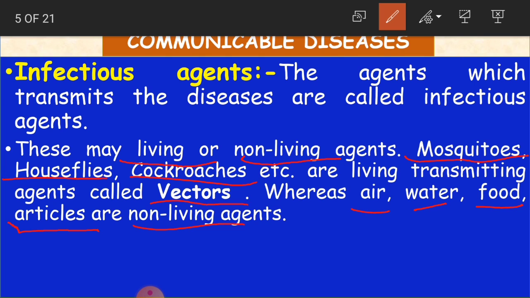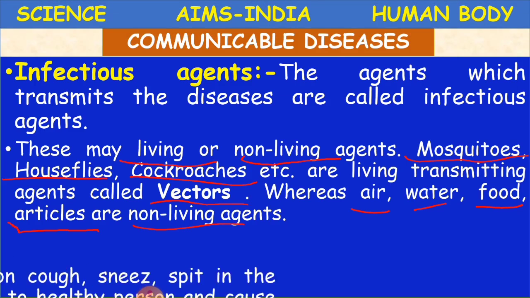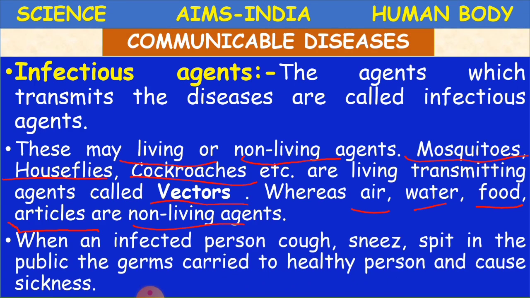Clear? Yes. And mosquitoes, houseflies, cockroaches, you must always be very careful about these creatures, children. That is why we have to maintain cleanliness in our surroundings so that we don't get these agents and we have a healthy body.